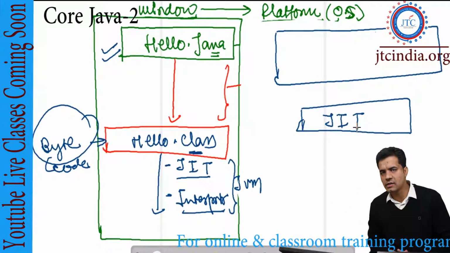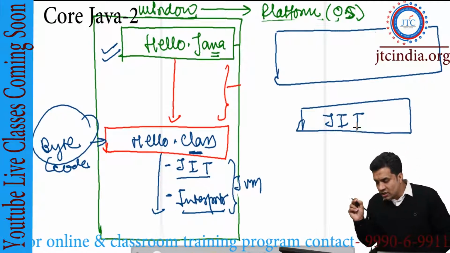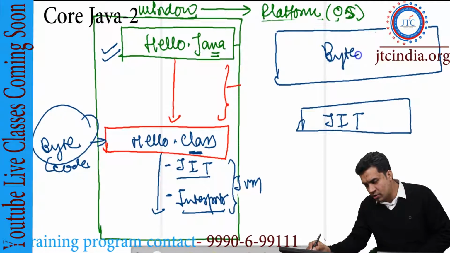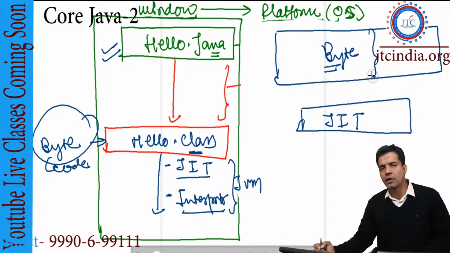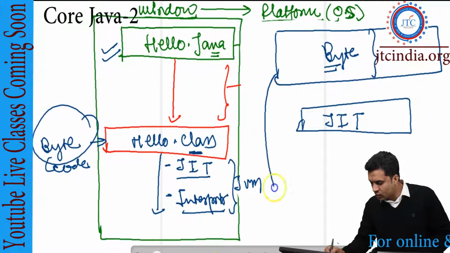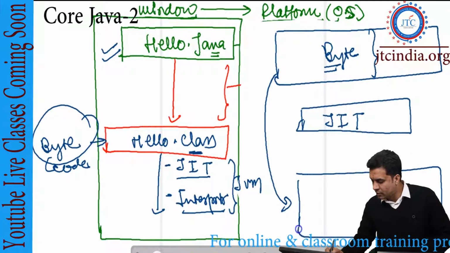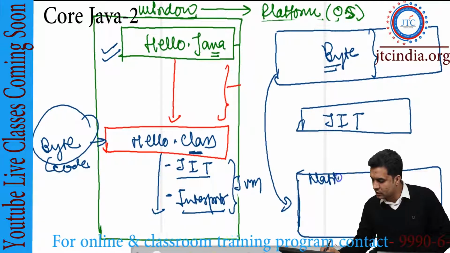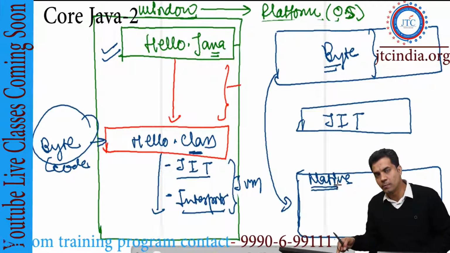So this JIT compiler reads this byte code at a time. Everything it reads at a time, and this converts to the native code at once only, right?